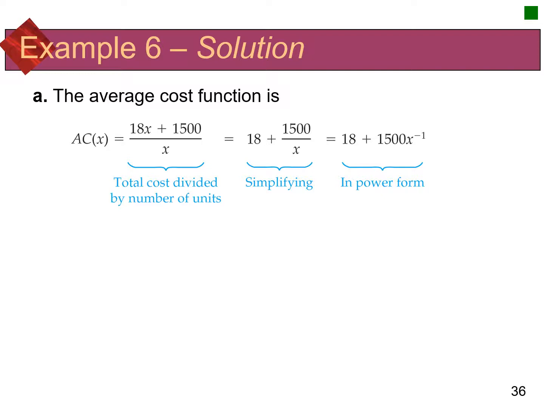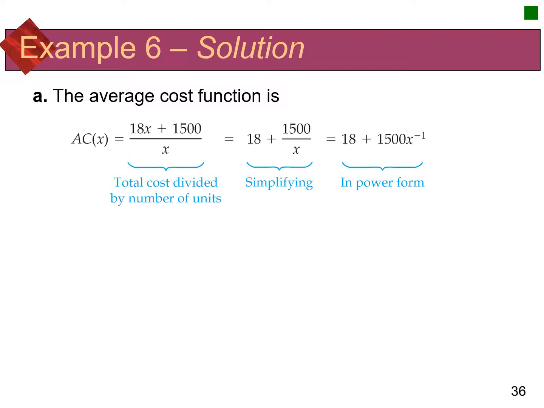This makes it a lot easier as far as the derivative goes when I want to find the marginal average cost function, because I don't have to use the quotient rule. I don't have to do bottom times the derivative of top minus the derivative of bottom times top, over bottom squared. All I have to do here is just take the derivative of these two things.